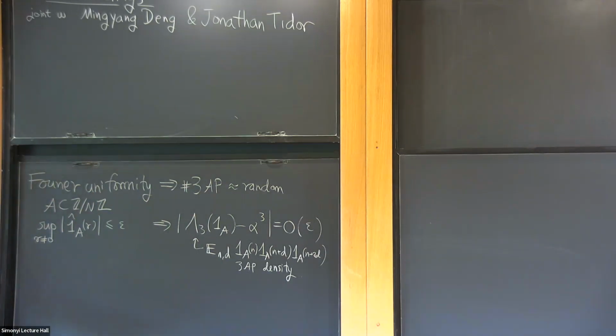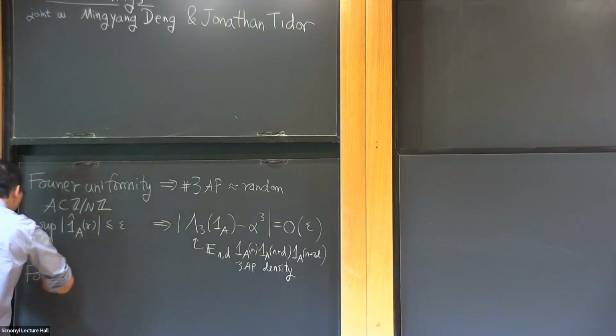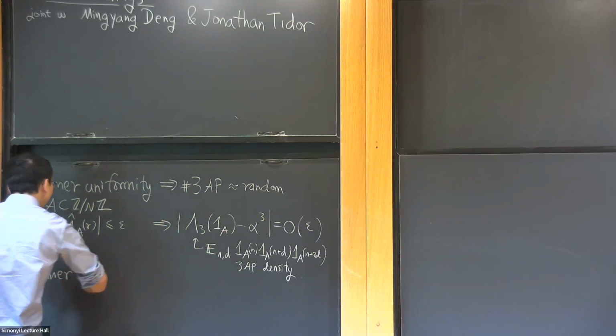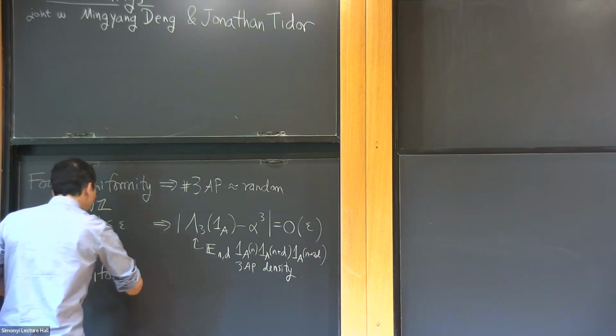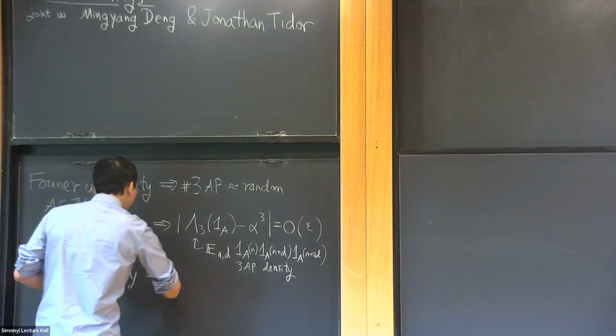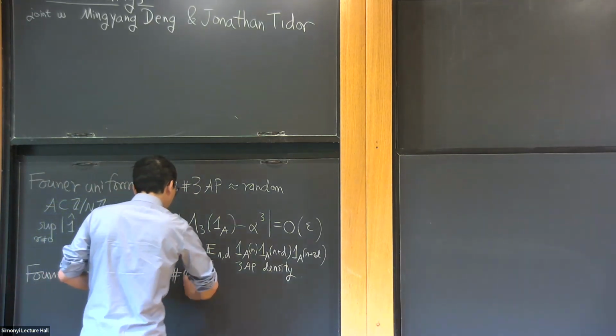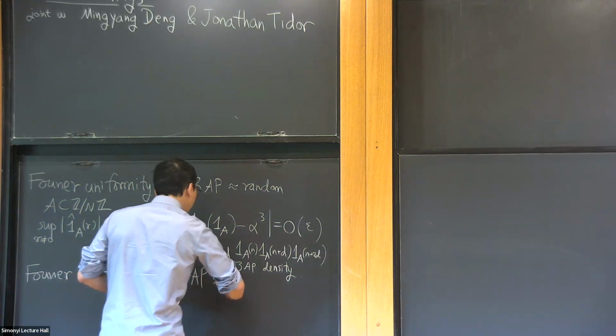Now, once you see the proof of Roth's theorem, you ask, what about four-term arithmetic progressions? And then you'll be taught that this proof doesn't quite work for four-term arithmetic progressions. The basic reason is that Fourier uniformity does not imply that the number of 4APs is close to random.